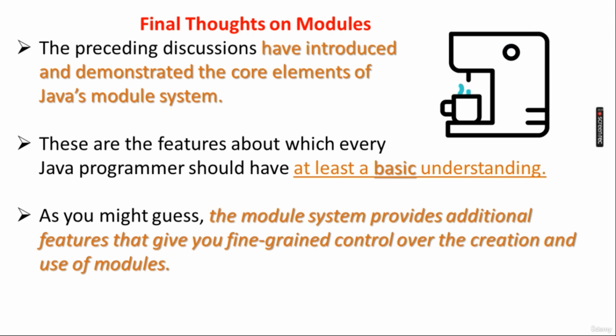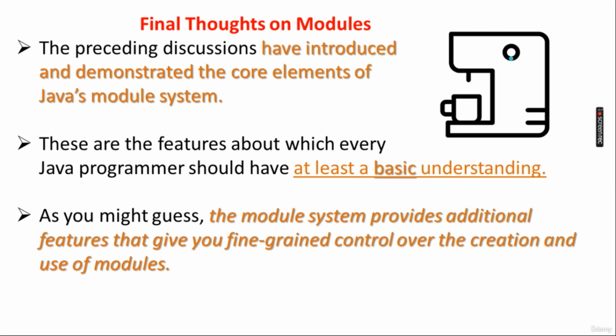So finally, these are the final thoughts on modules. The preceding discussions have introduced and demonstrated the core elements of the module system, and these are the features about which every Java programmer should have at least a basic understanding.